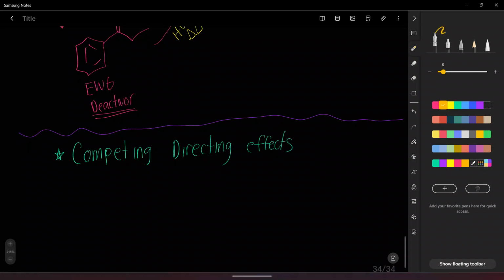And so what I mean by that is, let's say you were doing a reaction and you had an ethyl group right there, and an ether right there, and you were going to put on, let's do Cl2, AlCl3. So you're going to put on a chlorine, right? Okay, so we know that we're going to put on a chlorine.